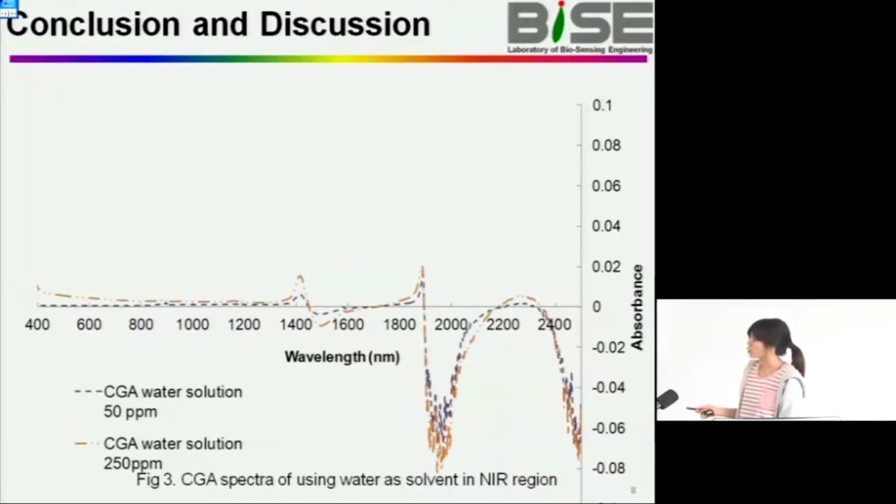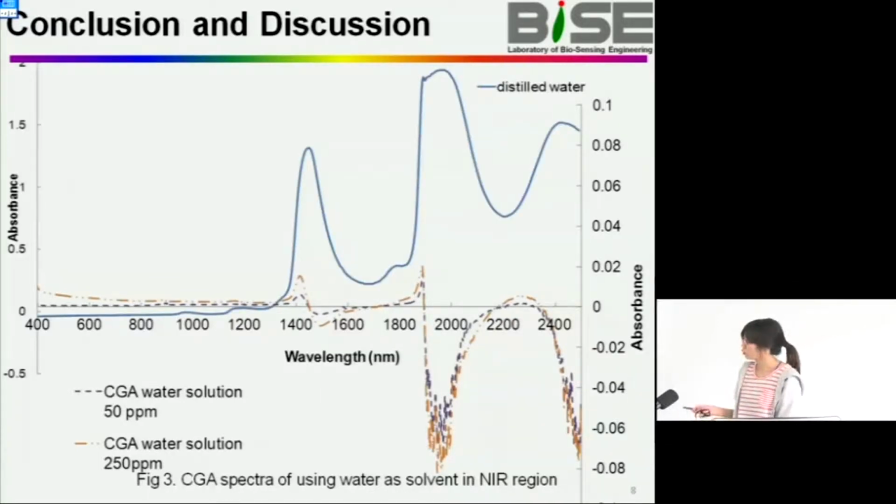Ideally, the spectrum should just represent CGA information because water information has already been removed, as we're using water as a reference. From the result, we can see that some absorption values are negative. This is because water has strong absorption in these 2 regions.